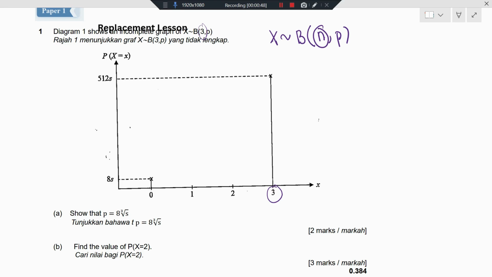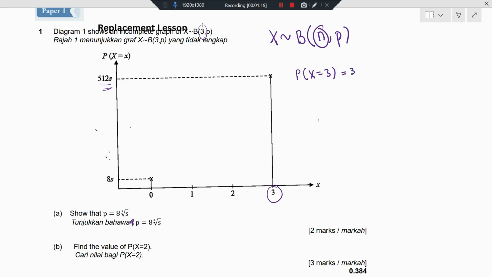Now, the very first question is asking you to show that p is equal to 8 cube root of s. So how are we going to do that? Let's get the information out of this graph. We know that the probability of x equals 3 is 512s. I'm going to use that.